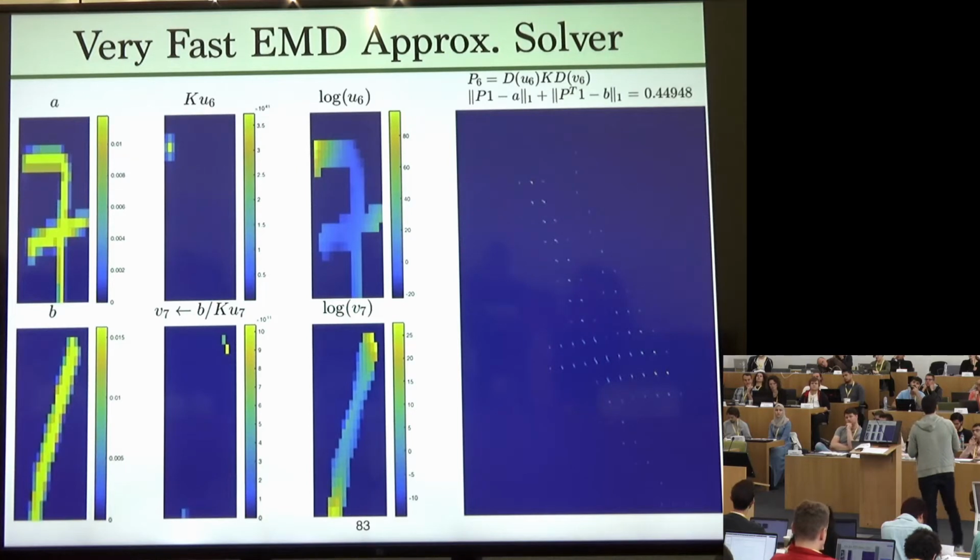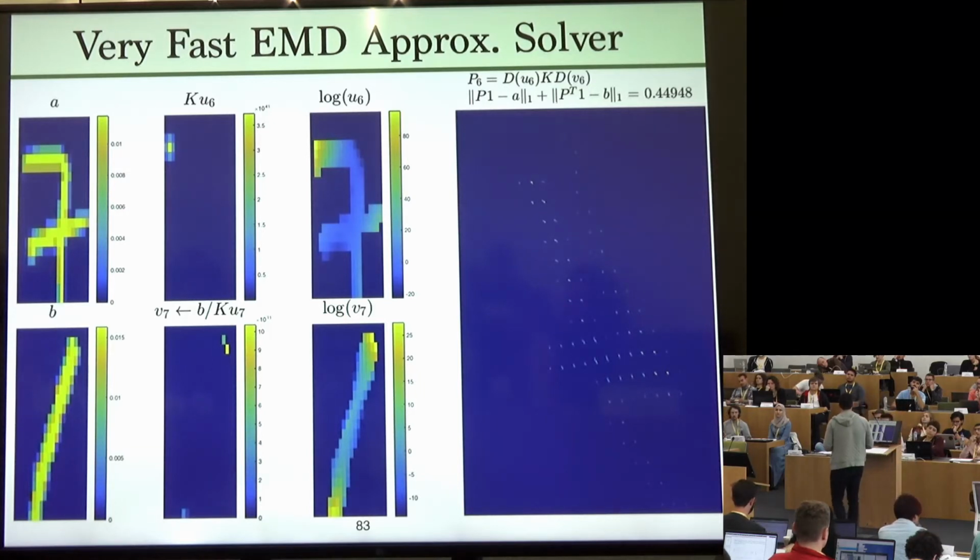If we were to actually take a shovel and move things around, what areas of the 7 do you think would be the most costly, the most annoying to get back to this 1? Well, if I look at the two images, intuitively it seems to me that areas where they more or less overlap might be easy to deal with, but the areas where they are far apart and the supports don't overlap at all are the most annoying.